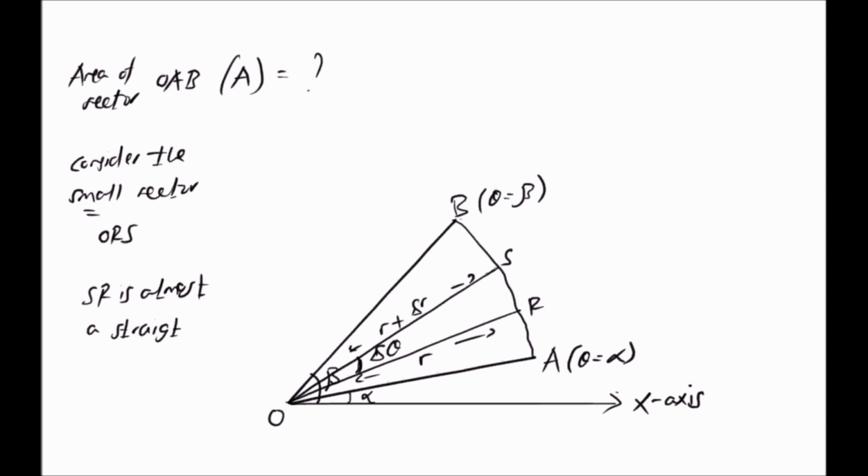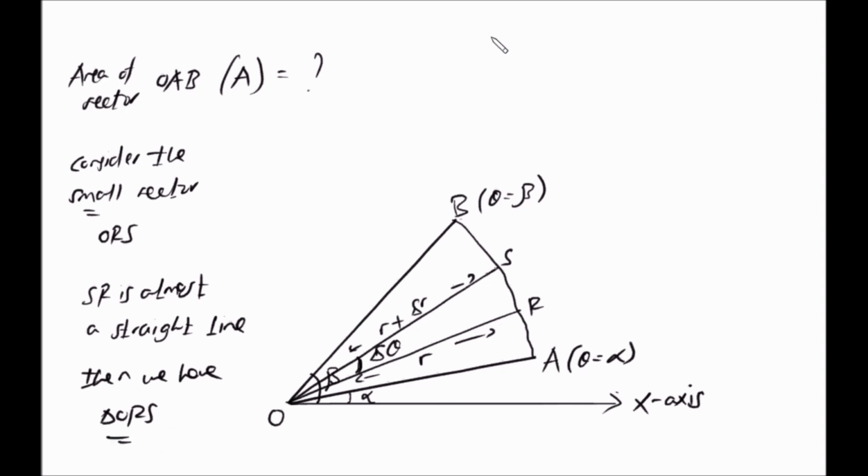So we're going to have triangle ORS. Kwa sababu kama SR ni straight line, OS ni straight line, OR ni straight line, then it's not a sector, it's a triangle.